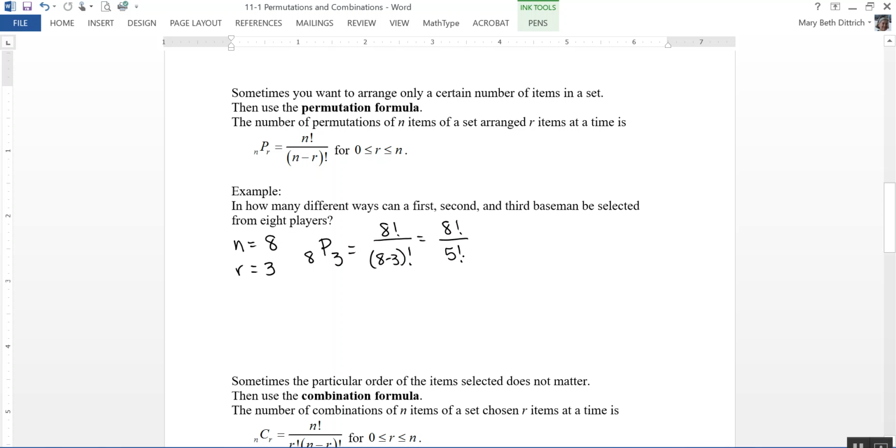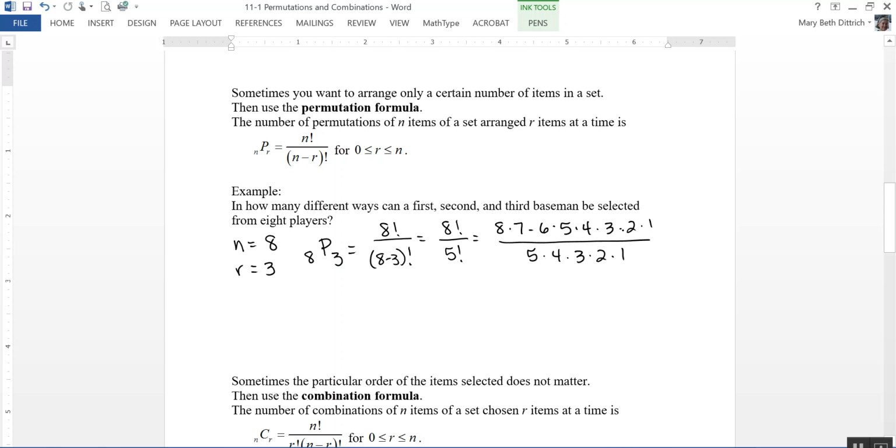over 5 factorial. And remember what that means is 8 times 7 times 6 times 5 times 4 times 3 times 2 times 1, over 5 times 4 times 3 times 2 times 1. Now that's a little tedious to write, but you'll notice that when I go to simplify this, my 5s, 4s, 3s, 2s, and 1s are going to cancel out.